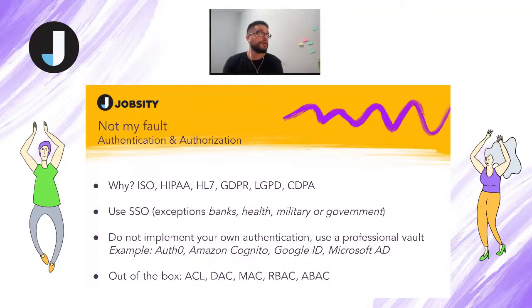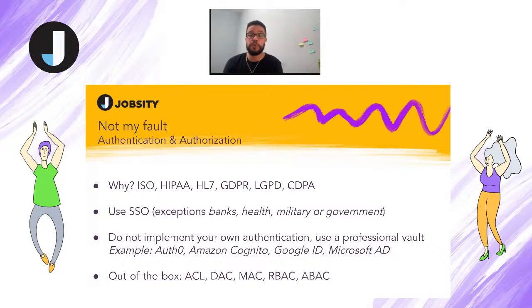Why? Because if a hacker invades your company, you are going to be in big trouble, especially if you are subject to HIPAA, which manages the healthcare laws in the United States, the GDPR in Europe, and the LGPD in Brazil. You're going to be sued, and depending on the case, arrested.